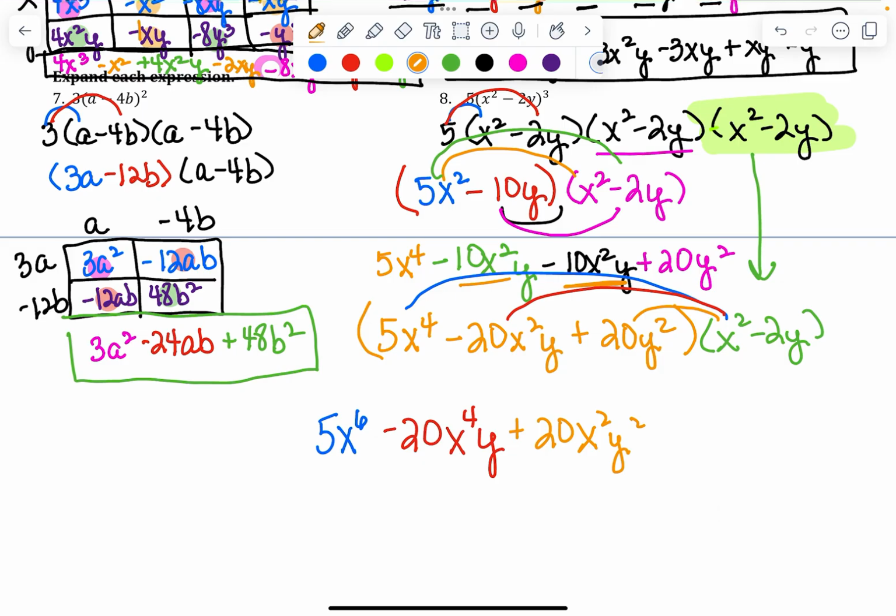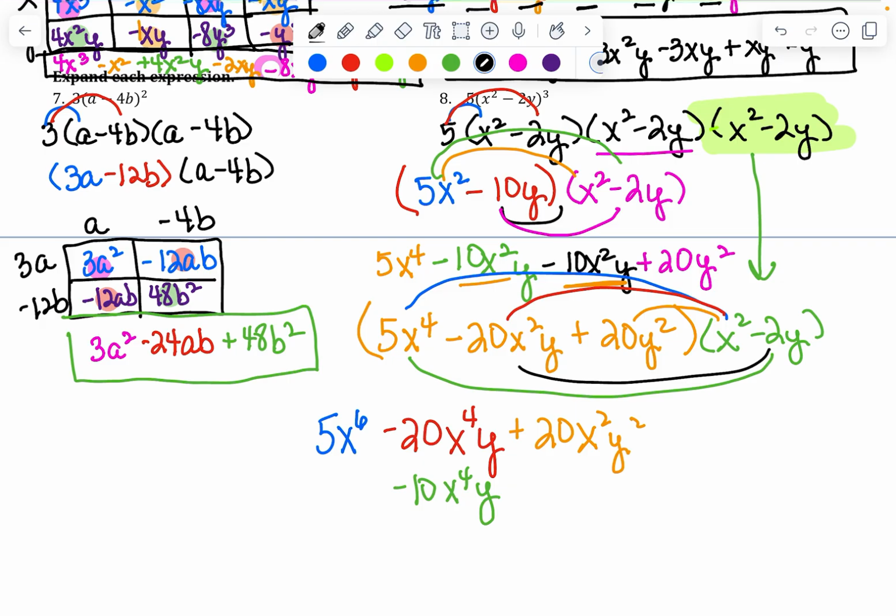Then I'm going to do this one, negative 2y, and a 5x to the fourth would be a negative 10x to the fourth y. Then this one would become a positive 40x squared y.